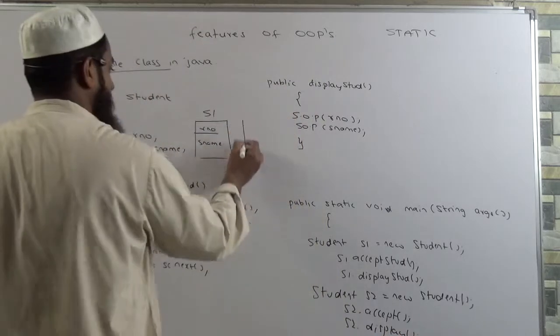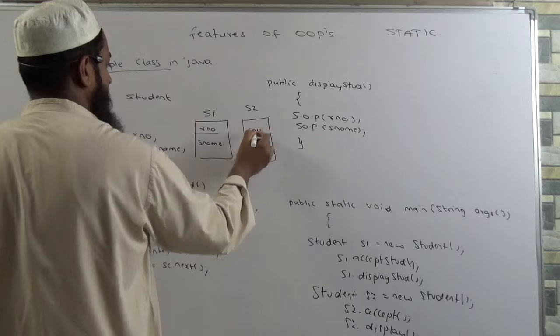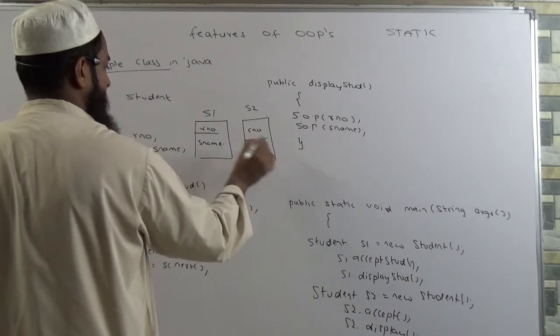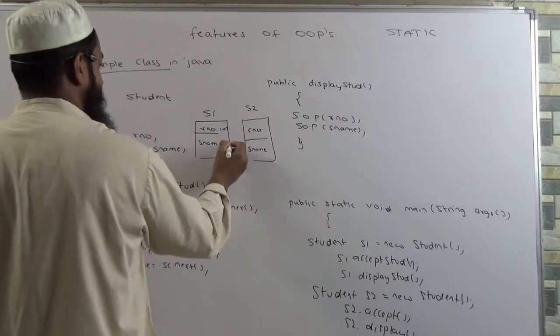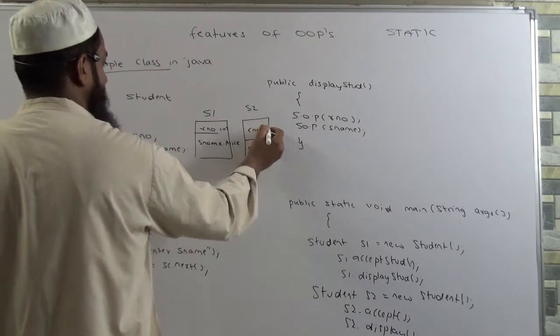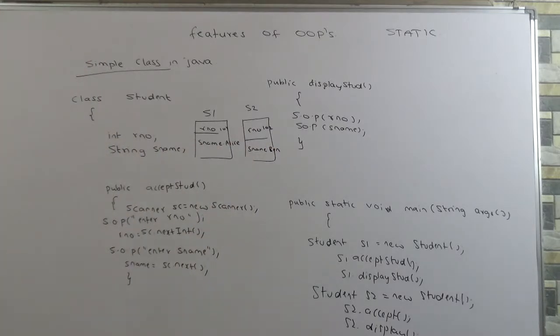So now I have one more object as S2. It will have a roll number, and it will have its name. So now if I enter over here 101 and Alice, and if I enter over here 102 and Ben, each student has its unique roll number and its own name.